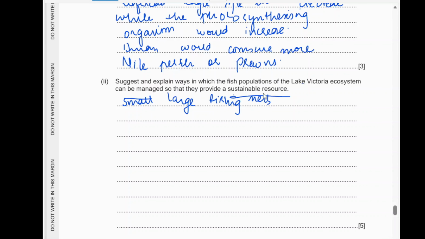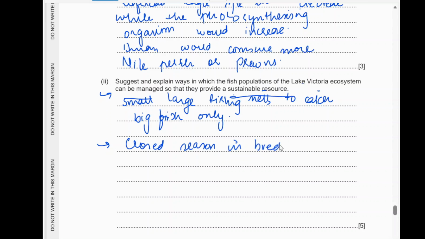Okay, as to catch big fish only. Okay, close seasons in breeding season to conserve, or to allow the fish to reproduce. Okay, breeding season means reproduce.